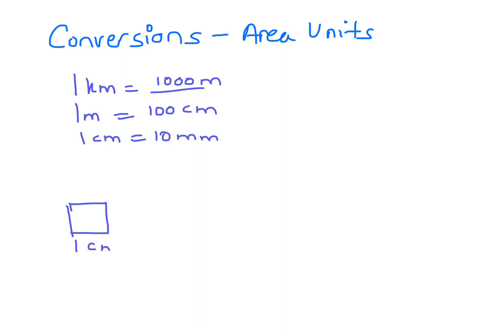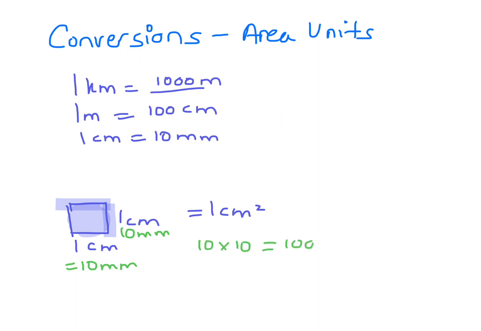So if you look at 1 centimetre by 1 centimetre square, then that whole area is equal to 1 centimetre squared. Now, instead of having it in centimetres, if you had it in millimetres, that would be 10 millimetres by 10 millimetres. So 10 by 10 would be 100. So that's 100 millimetres squared.